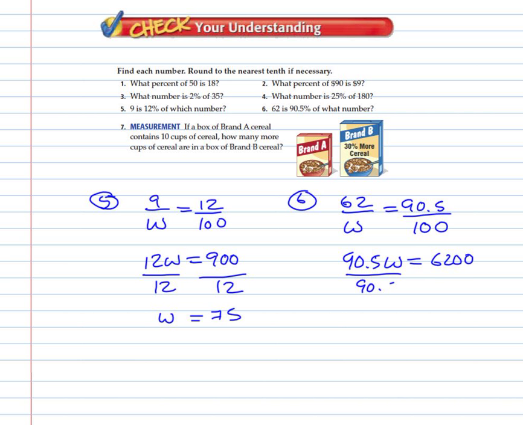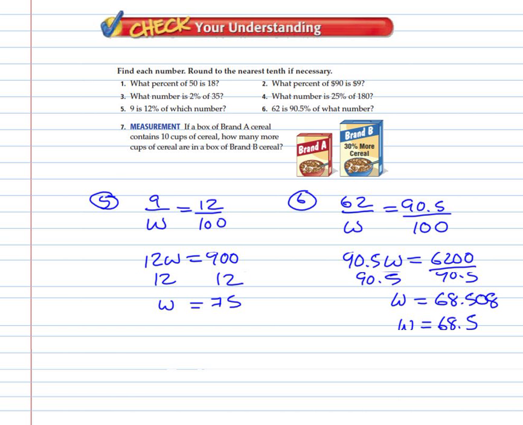Divide both sides of my equation by 90.5. And W then equals 68.508, which rounds to the nearest tenth as 68.5.